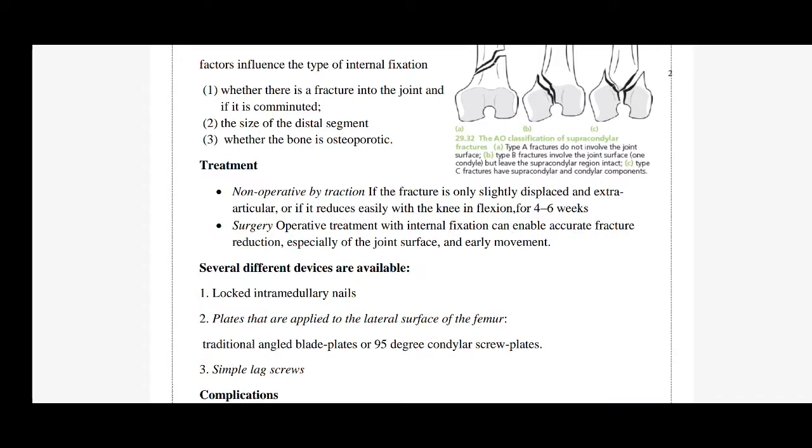Almost all patients need surgical intervention. Operative treatment with internal fixation enables accurate fracture reduction, especially if the joint surface is comminuted, and permits early rehabilitation. Sometimes this is called the fracture of necessity because it has intra-articular extension.